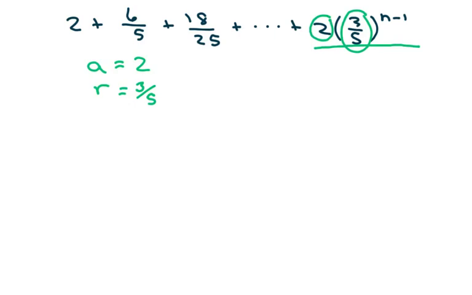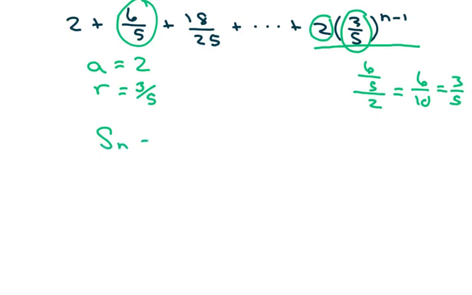And if you want to check, go ahead and divide 6/5 divided by 2 equals 6/10, which is 3/5. So you can look at it that way, or you could have divided these two. So use your formula. Your first term is 2 times 1 minus 3/5 to the little n power over 1 minus 3/5.